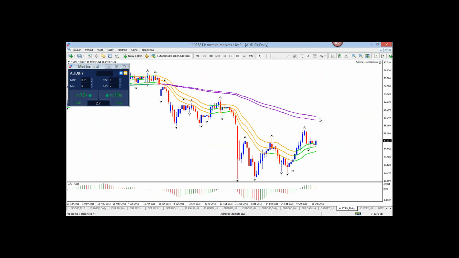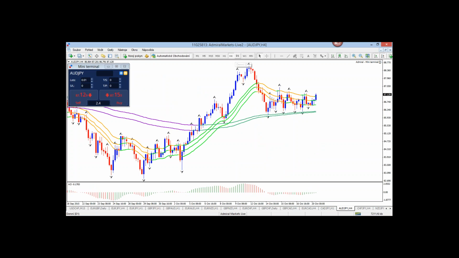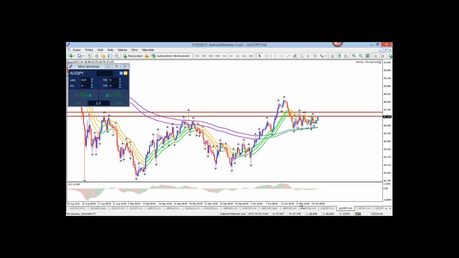The tunnel is far away and the band is closer, so from that point of view, a bounce off the band is possible up to the tunnel, as we're above it at the moment, with a green angle. A break above these fractals could be a continuation of the uptrend on the 4-hour chart.